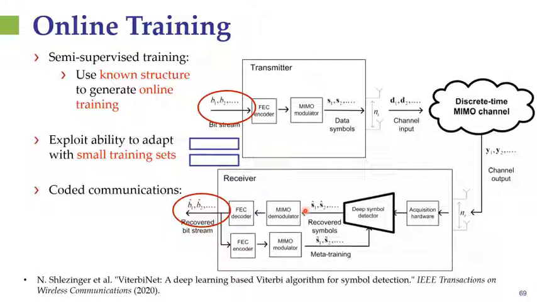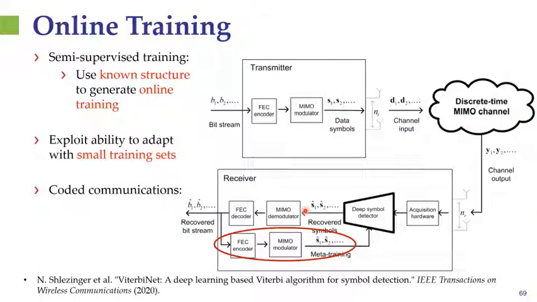And if we have an accurate recovery of the bits, we can re-encode them and remodulate them, generating our knowledge of what the transmitted symbols were, allowing us to adapt the deep symbol detector using our knowledge of the channel output and our encoded and modulated symbols, so as to train in a self-supervised manner.